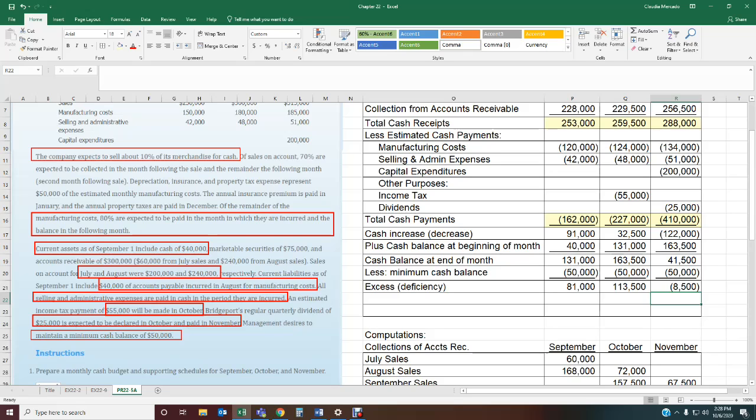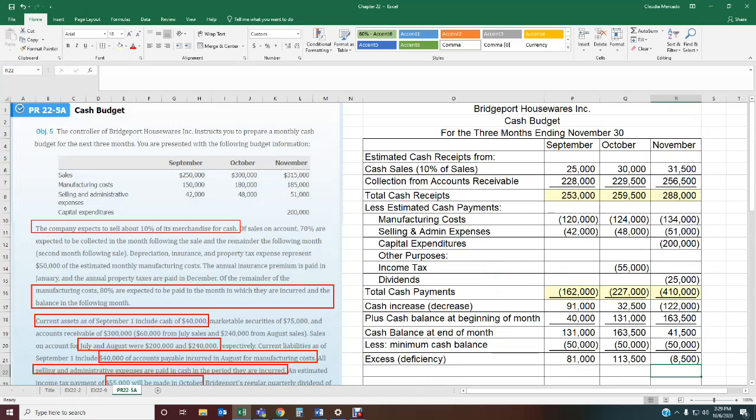Okay, so after maintaining my $50,000 minimum balance, I still have $81,000 remaining in September, $113,500 in October, but in November I'm short $8,500. I'm deficient $8,500 to be able to maintain the balance of $50,000 that management wants.